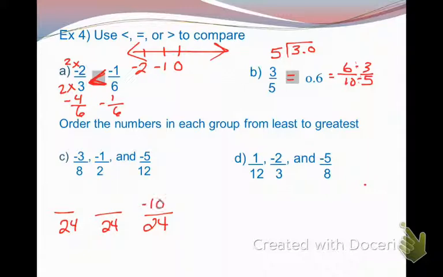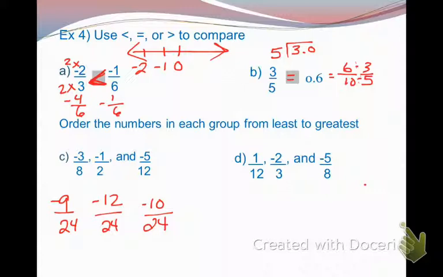So this would be -10, -12, and negative 9. So we're going to go from the least. So which one is the farthest away from 0, because they're all negatives?